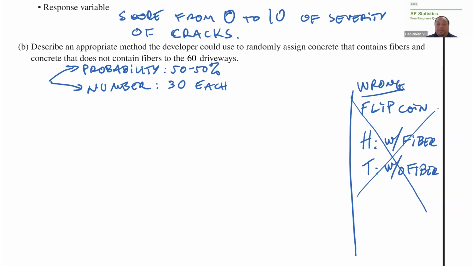I'm going to show two possible right answers. One is like flip a coin, where the randomization is done on each individual. And the second approach, which is my personal preference, but probably I'm in the minority, is to randomize the whole list and then just chop it in half.